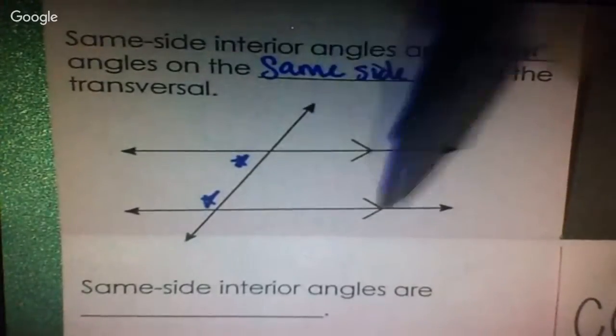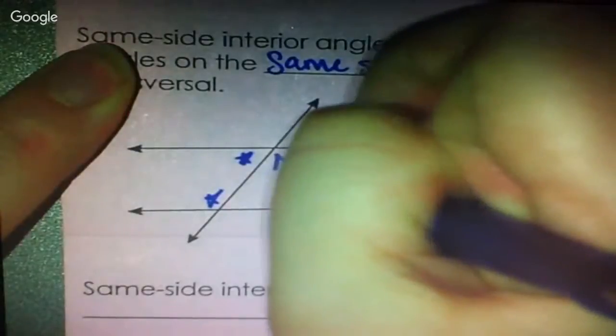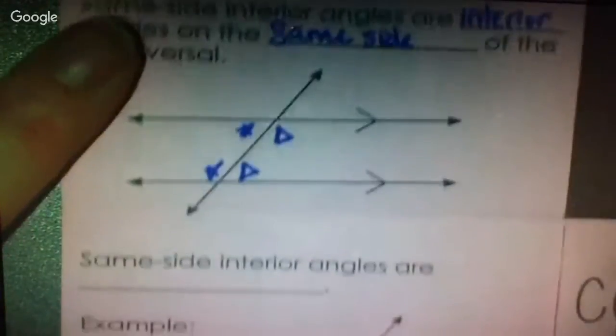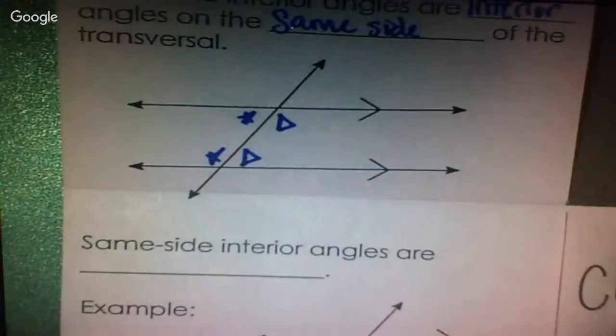Again, these symbols here mean that they're parallel. They could also be this angle and this angle. This time they're to the right of the transversal and still inside the parallel lines.